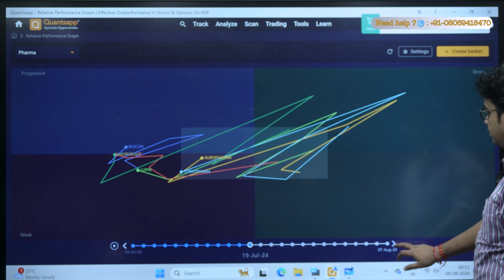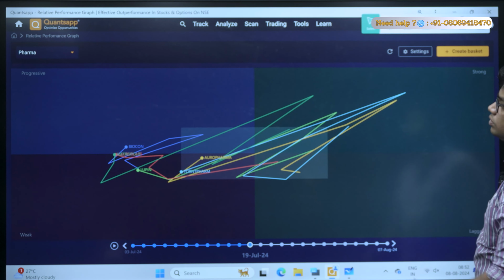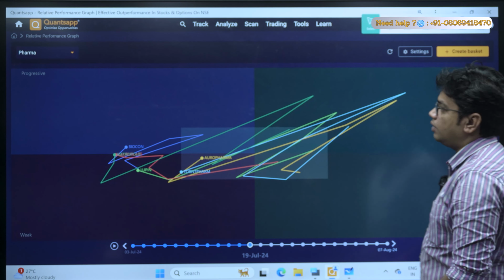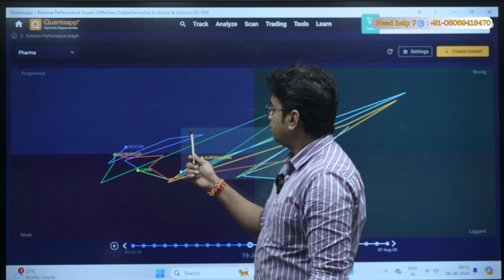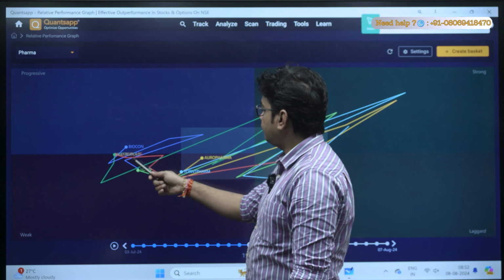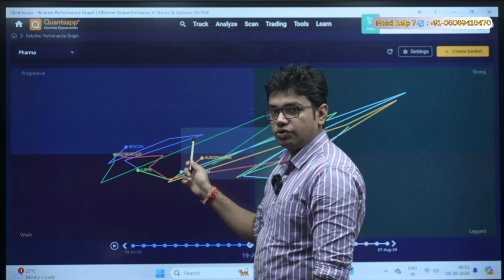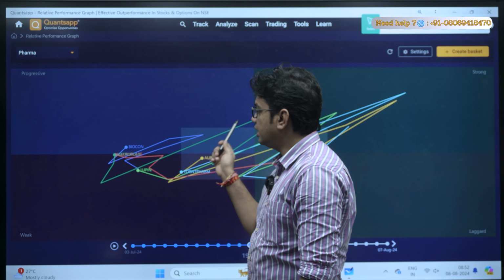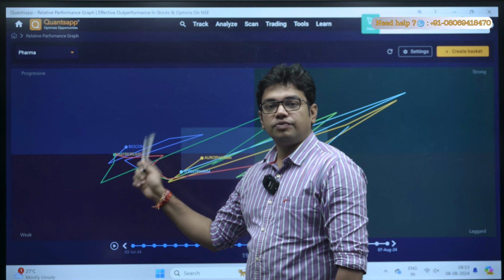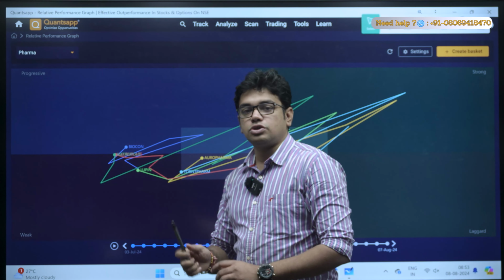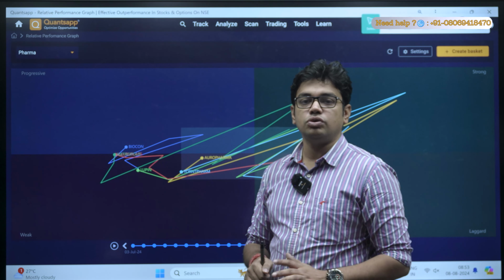Now Biocon enters into the progressive zone. You can see in the graph, Biocon first enters into the neutral zone, directly into the neutral zone, then again came back into the weak zone. I will consider stocks only when they move from weak to progressive zone.